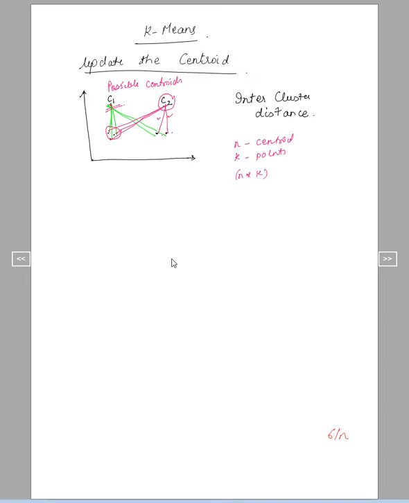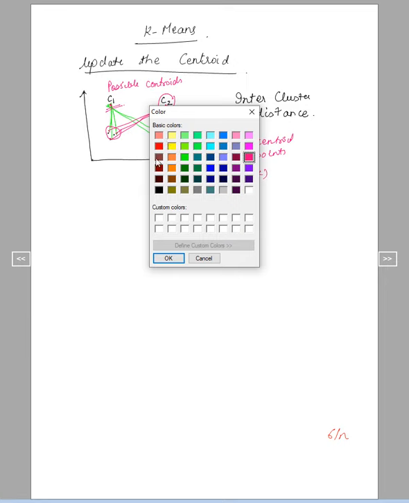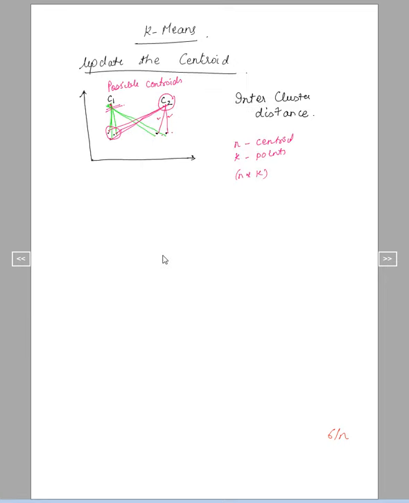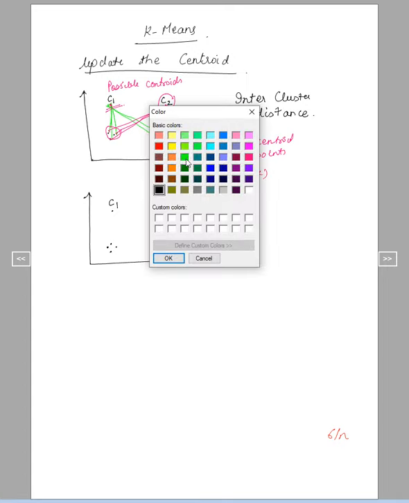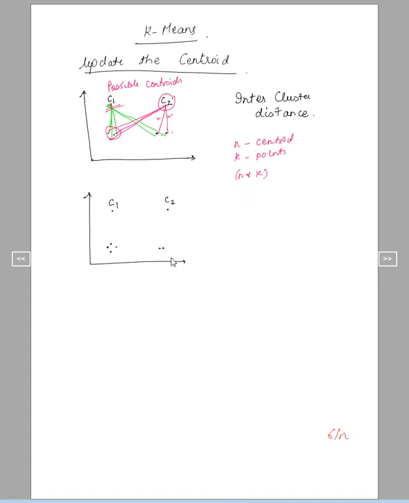Now, second is the intra-cluster distance. What happens in that? So this is cluster C1. In this particular case, we calculate only the distance to the points in the same cluster.